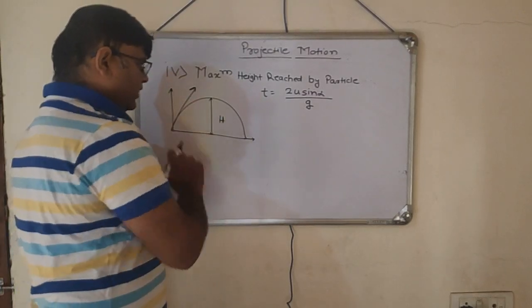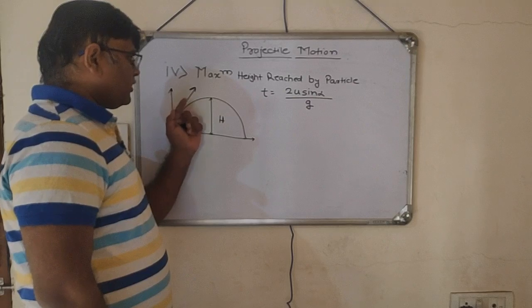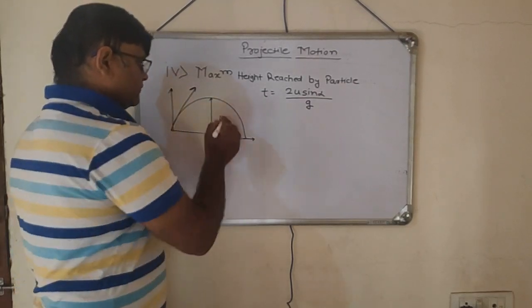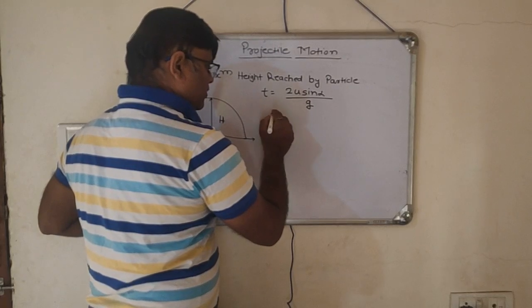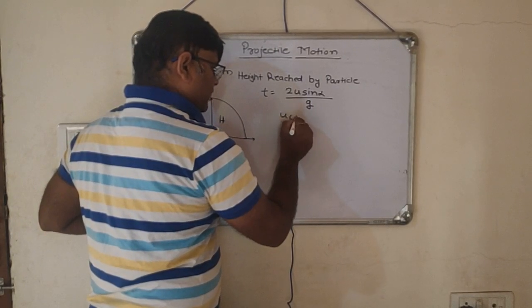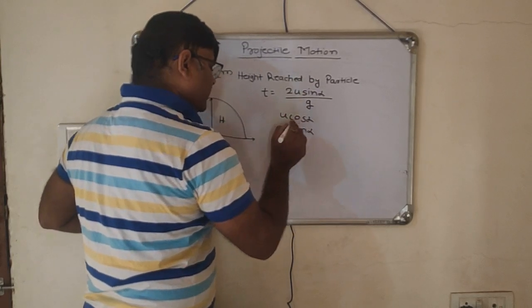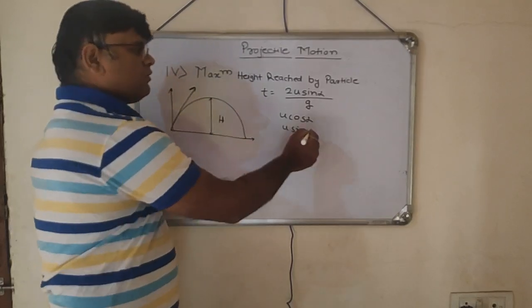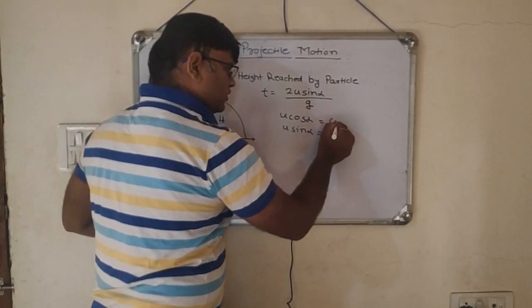So at the maximum height, your horizontal component of the velocity will be constant. It is u cos alpha, and the vertical component at the maximum height will be equal to 0.